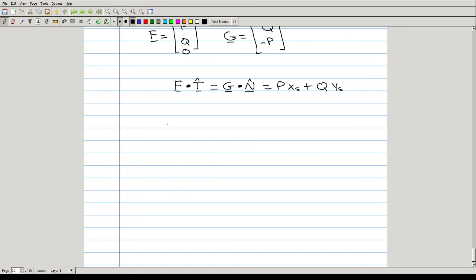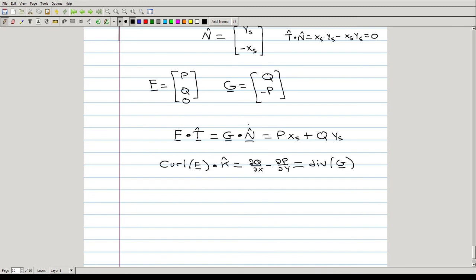And in what we're about to do, it's important to also note that the curl of the vector field F dotted with k hat, which is equal to dQ/dx minus dP/dy, is the same thing as the divergence of G. You should check all of these.